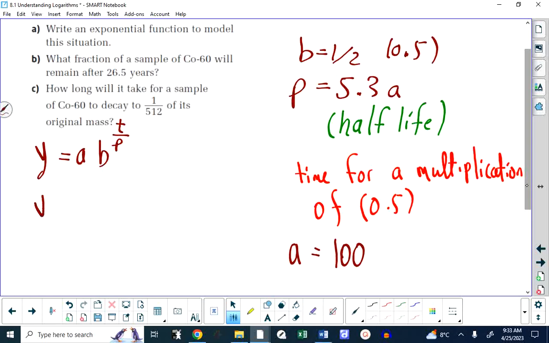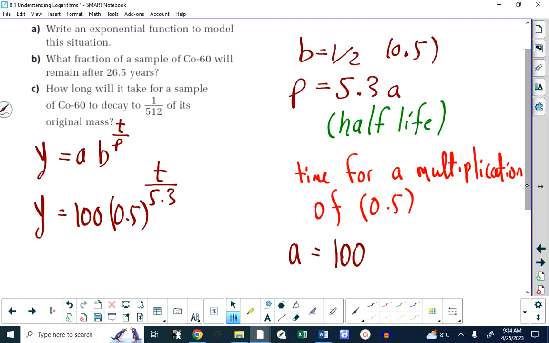So my function becomes y equals 100 times 0.5 to the t over 5.3. And I don't know that I've mentioned this, I think I might have, but I could be mistaken. I think it's a bad idea to put in the parameters and one of the variables in the same step. I think you should put in the parameters and get an equation.